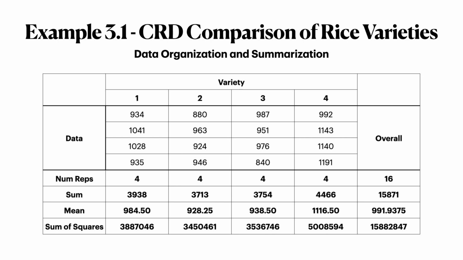So we have the overall total number of observations. We have the overall sum of the yields for the various observations. We have the overall mean, which is equal to the sum divided by the number of reps. And then finally, we have the total sum of squares, which is the sum of the individual sample sums of squares.